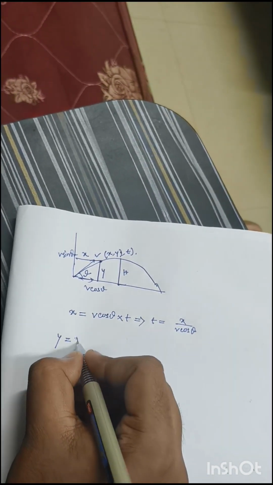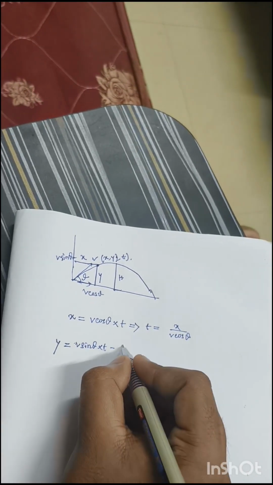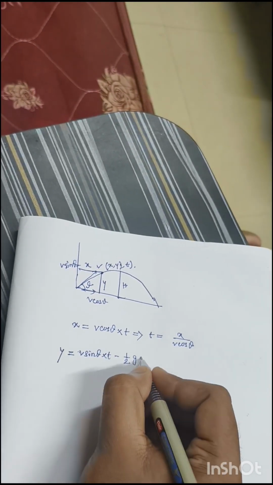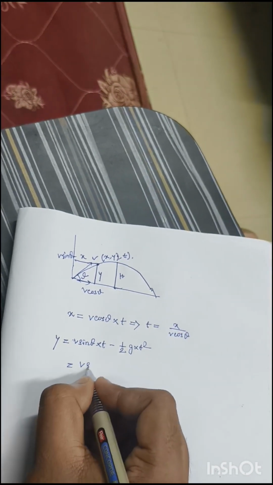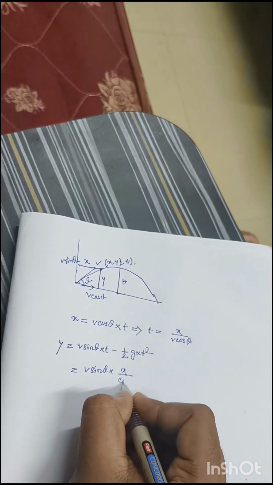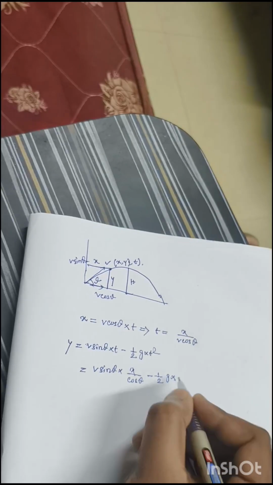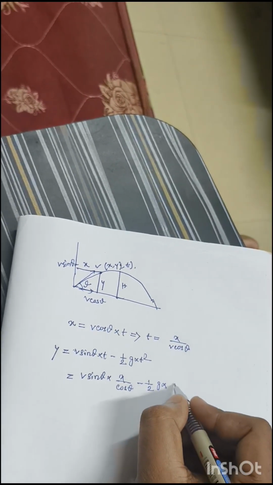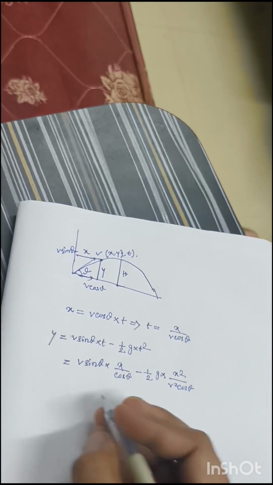Y means v sin theta into t minus half g into t square. Very easy. Sin theta into x by cos theta minus half g into x square by v square cos square theta.